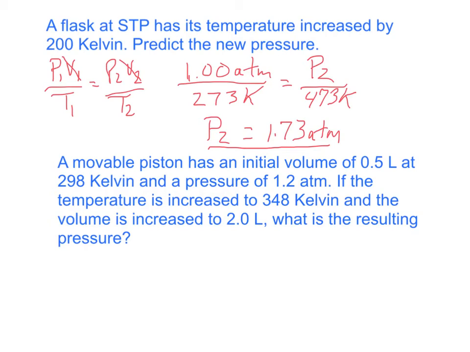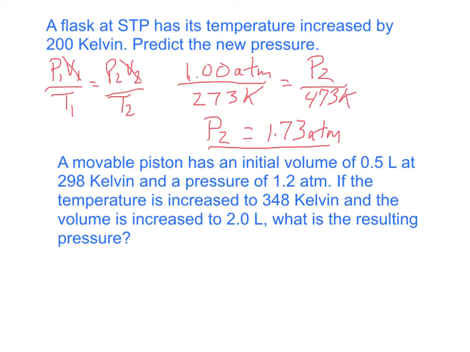All right, let's look at the next problem. This one has everything changing. It's a movable piston with an initial volume of 0.5 liters at 298 Kelvin and a pressure of 1.2 atmospheres. The temperature is increased to 348 Kelvin, but the volume's also increased to 2.0 liters, and we are supposed to figure out the resulting pressure. We have to keep all the terms because everything's changing.